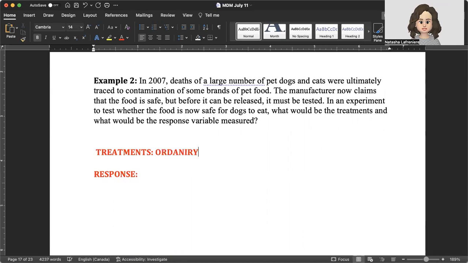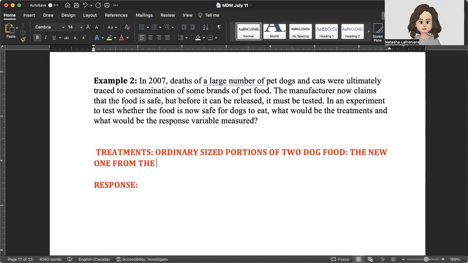So treatments would be ordinary size portions of two dog foods: the new one from the company and one other type that is known to be safe.